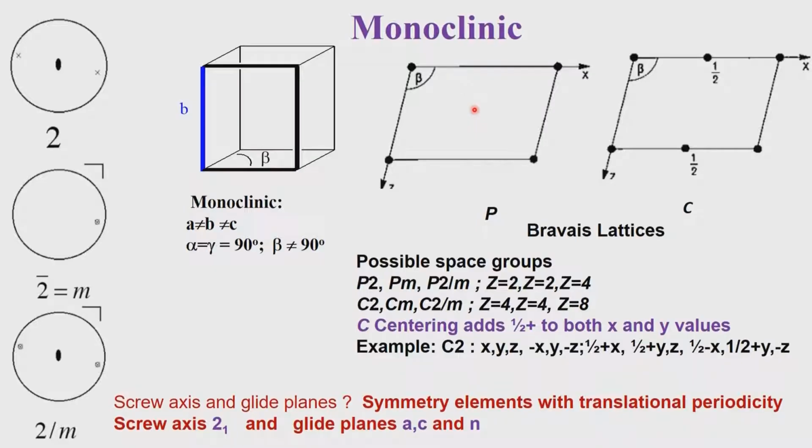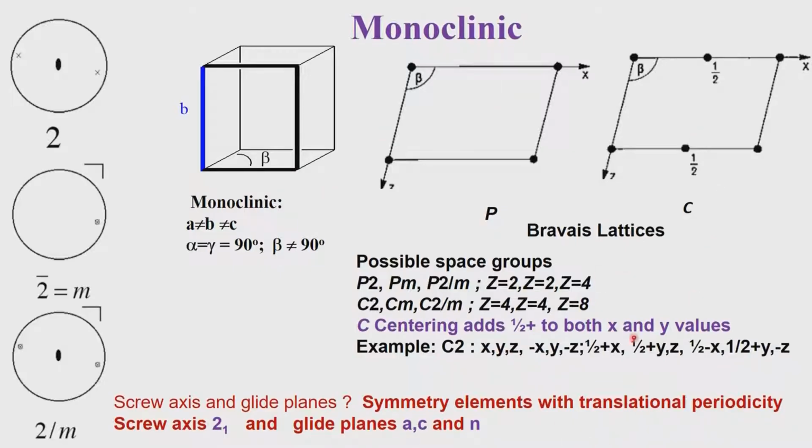So, that is how you get additional symmetry elements inside the lattice. So, even though the lattice is primitive, the symmetry elements will insist on generating additional twofold positions. The lattice is still z equals 1, but you generate these positions if you have a twofold symmetry operation.